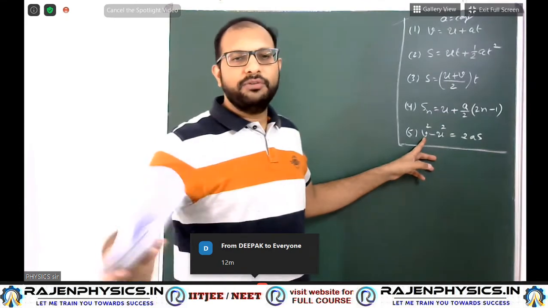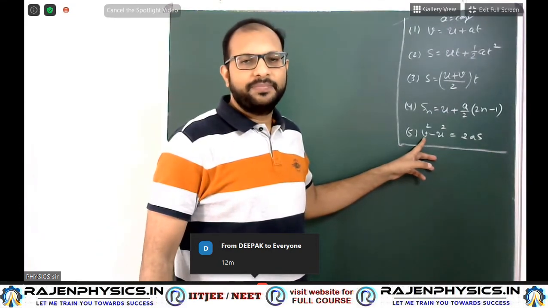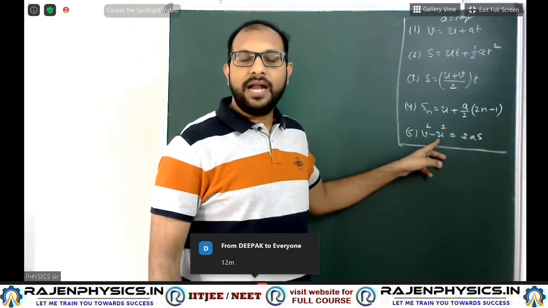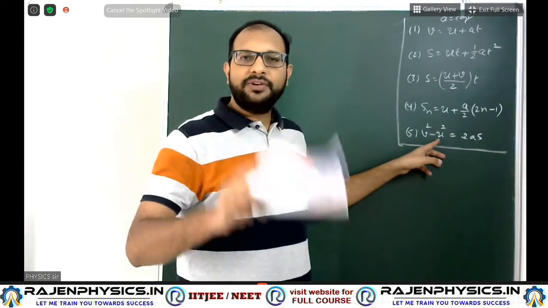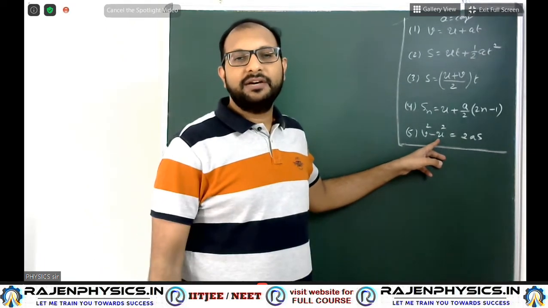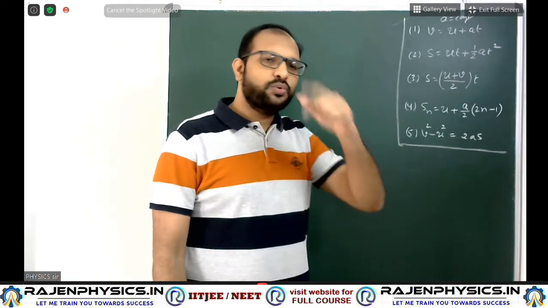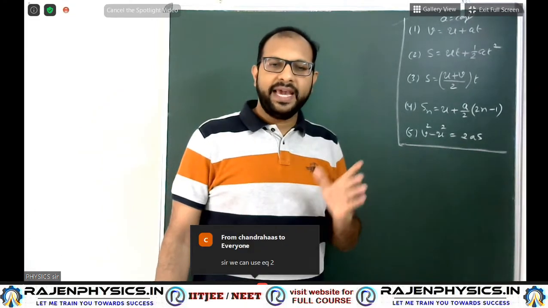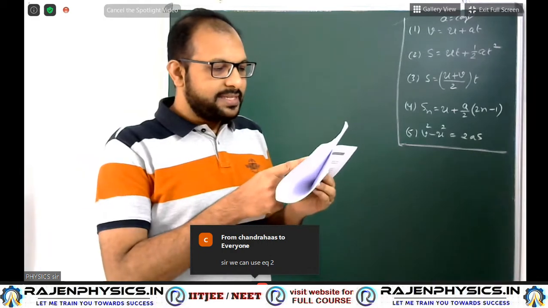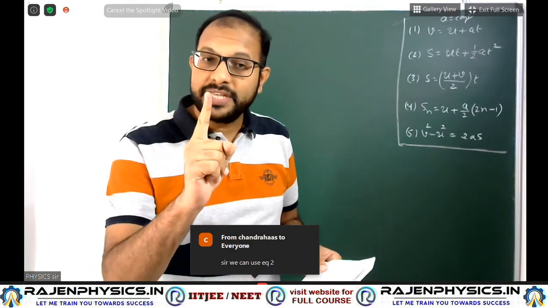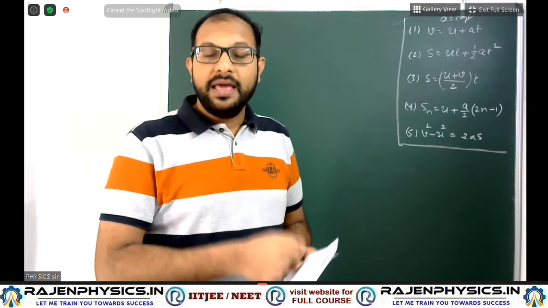Students, v is 0 because finally it comes to rest. u is given as 43.2. Already I told you, convert from kilometer per hour to meter per second just by multiplying with 5 by 18. Then u square, and 2a. Students, a is here 6 meter per second square, but don't use 6 because it is a retardation.